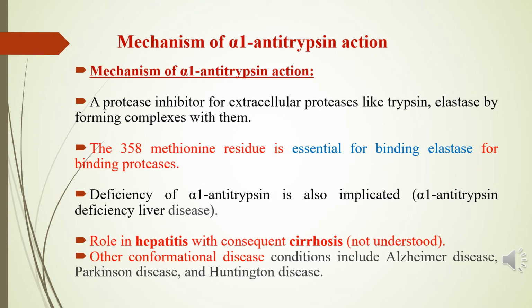Hepatitis results with consequent cirrhosis, and in this case there is accumulation of massive amounts of collagen resulting in fibrosis, and this is one of the conformational diseases of the liver. Other members of this group of disorders, the conformational diseases, include Alzheimer's disease, Parkinson's disease, and Huntington disease.